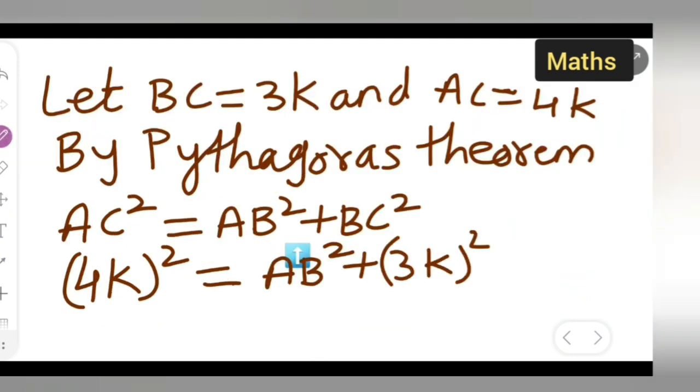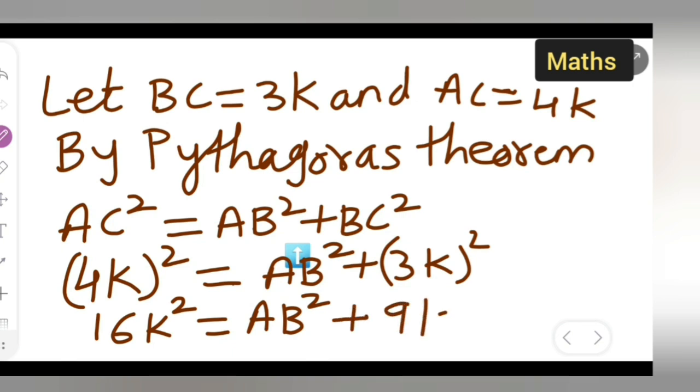So basically we are squaring this. 4 square is 16K square, equal to AB square plus 3 square, which is 9K square. Now 9K square will go to the other side, so it becomes minus 9K square.